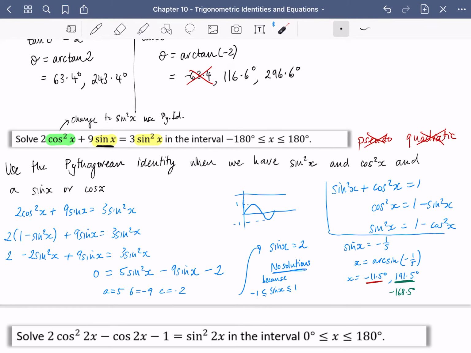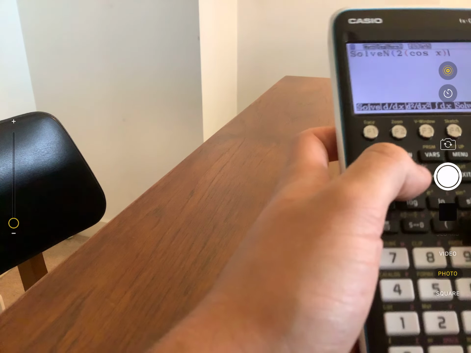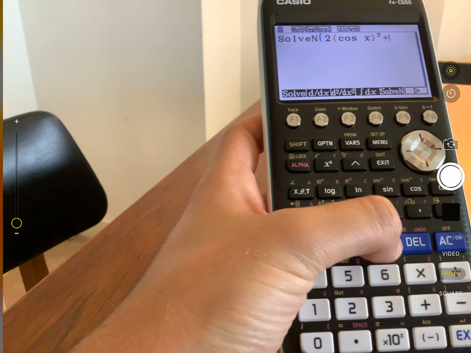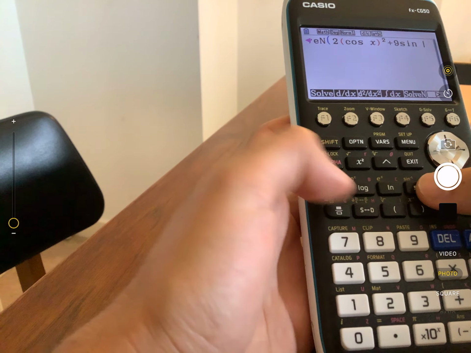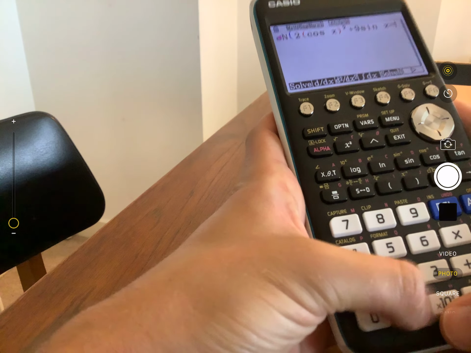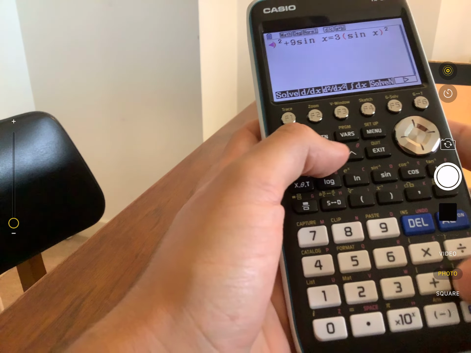So it's 2 cos squared x plus 9 sine x equals 3 sine squared x. So it's 2 brackets cos x squared plus 9 sine x equals 3 brackets sine x squared.